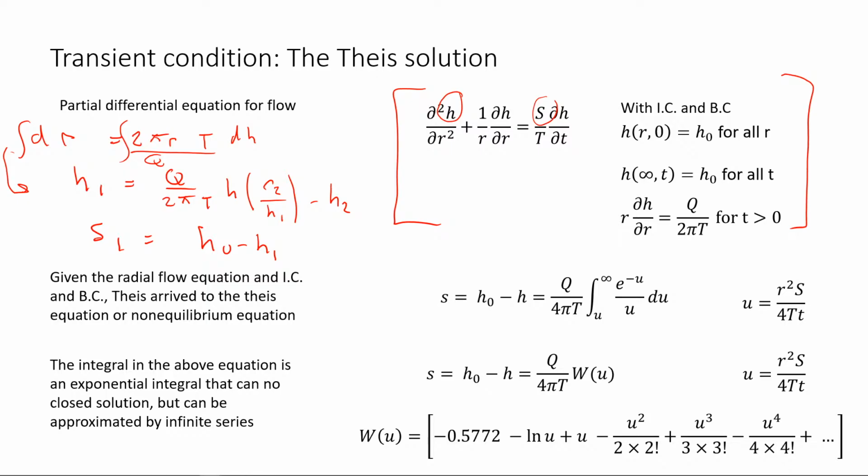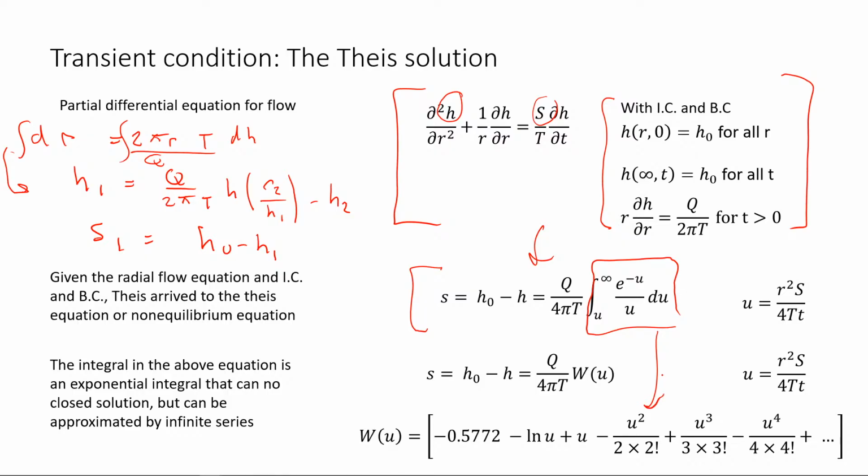I can solve this equation given this initial and boundary condition, where pumping is occurring at the boundary, at my well, Q. Then it will take this form, and if I integrate this, it looks something like this.